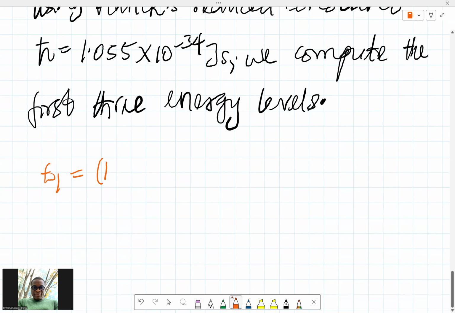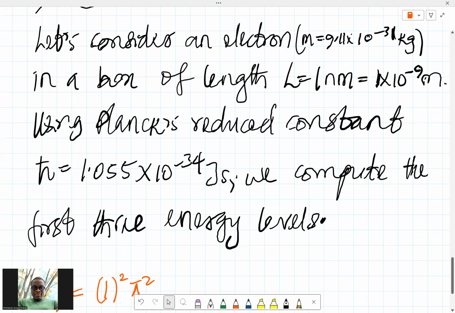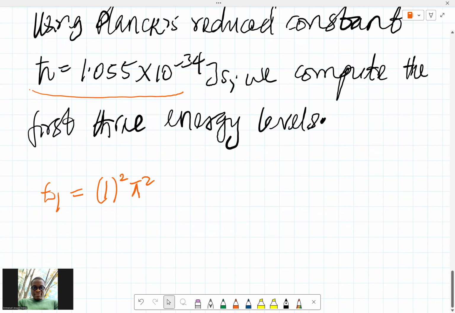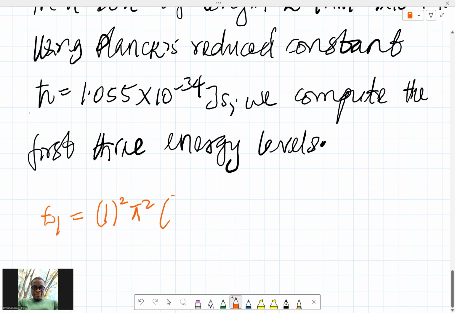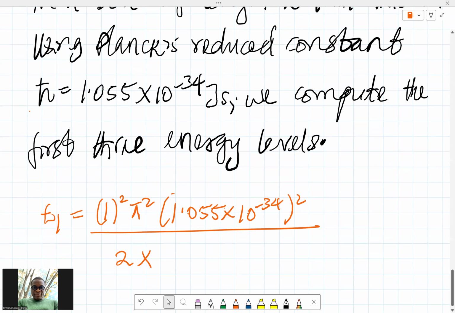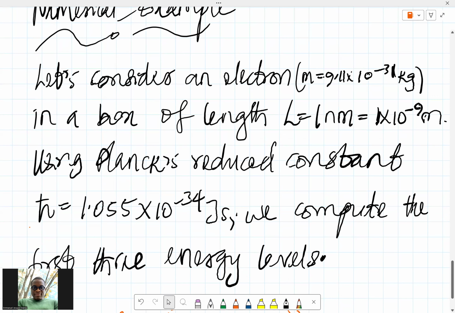So we have 1 squared, then pi squared, then h bar squared, that is 1.055 times 10 raised to minus 34, all squared, all over 2m, where m is the mass, 9.11 times 10 raised to minus 31.